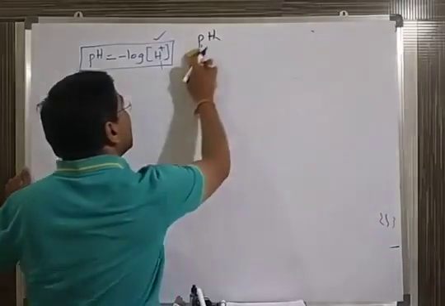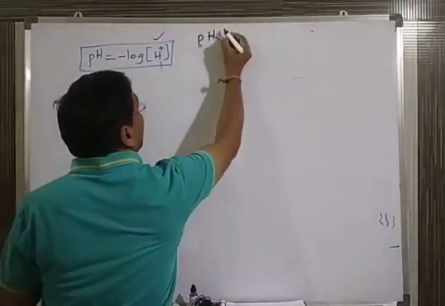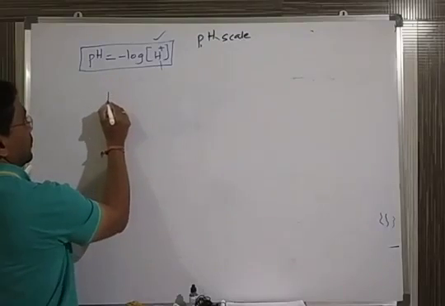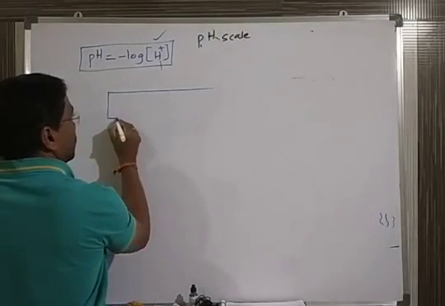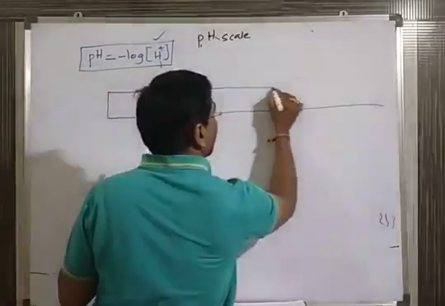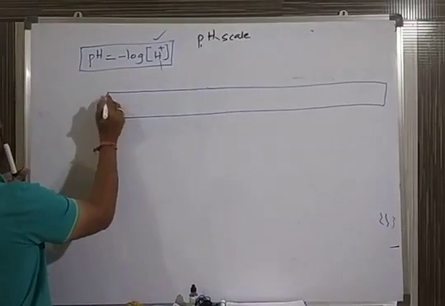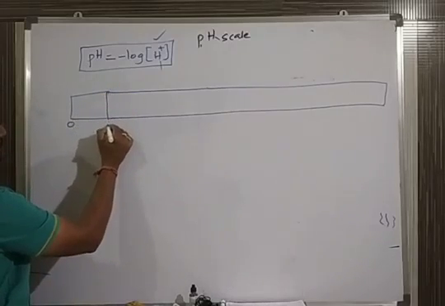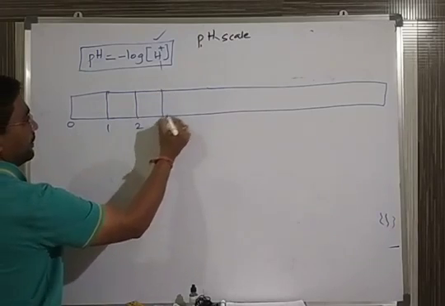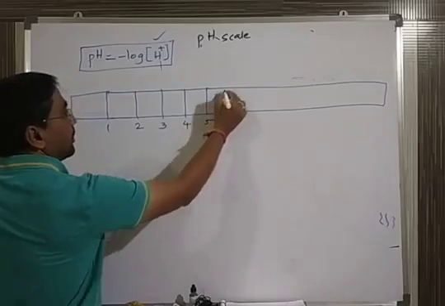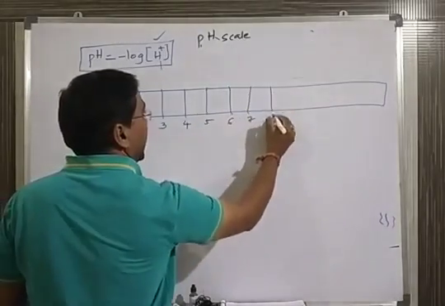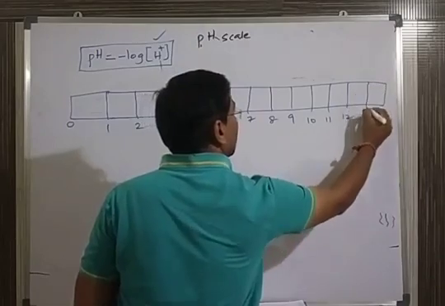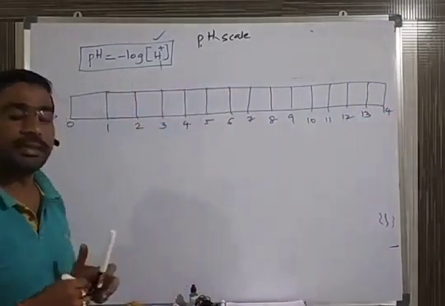According to this pH scale, it has a total of 14 values, starting from 0: 1, 2, 3, 4, 5, 6, 7, 8, 9, 10, 11, 12, 13, 14. Totally the scale contains 14.